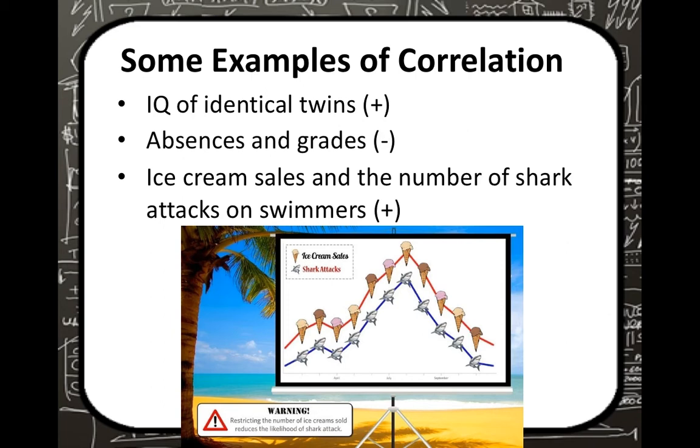There are also more people in the ocean, and therefore the sharks have a lot more people to eat, right? So it's not that ice cream sales directly influences shark attacks or vice versa. It's both of these factors are related to heat. Heat increases ice cream sales, and heat increases the number of people in the ocean, therefore leading to more shark attacks.